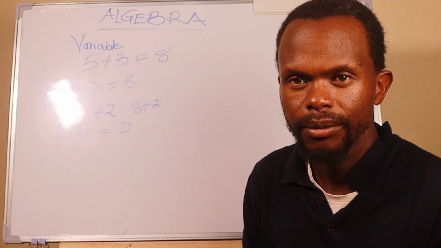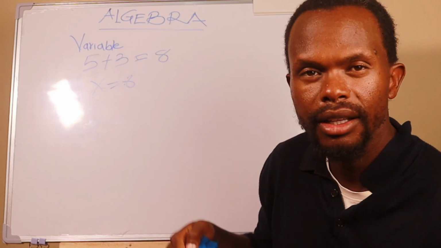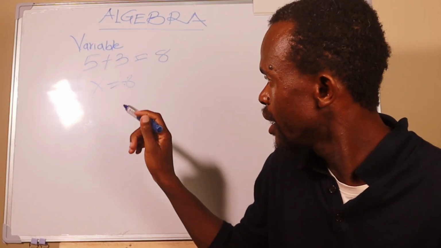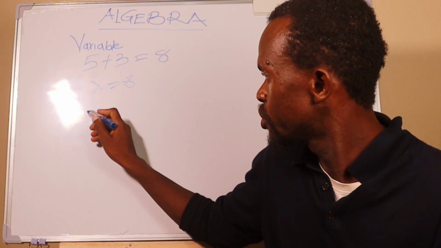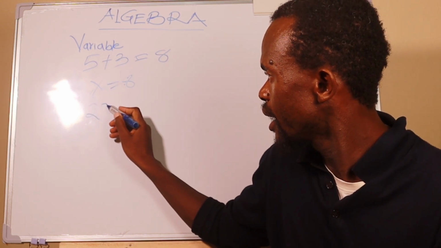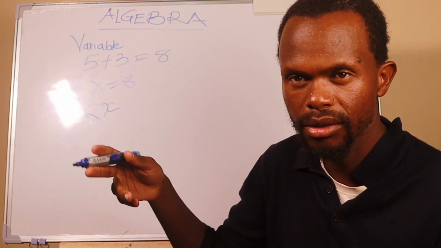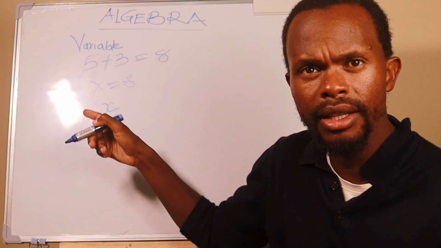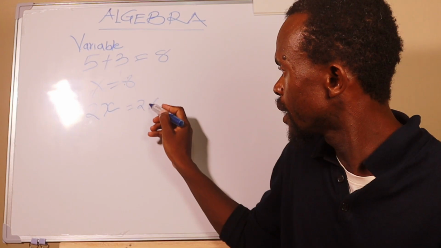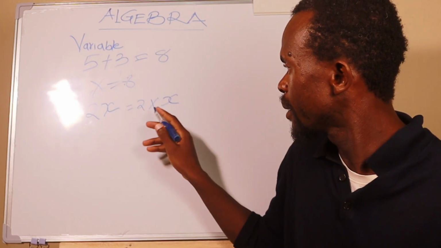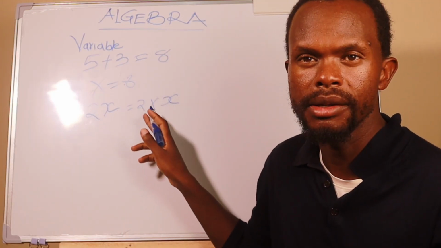Say for example, let's go with the same value, and we've been told that the value of x is 8. If we are told to calculate 2x, I'm just writing 2x like this so that it will be different from the times sign. This 2x means 2 times x. 2x is the same as 2 multiplied by x.